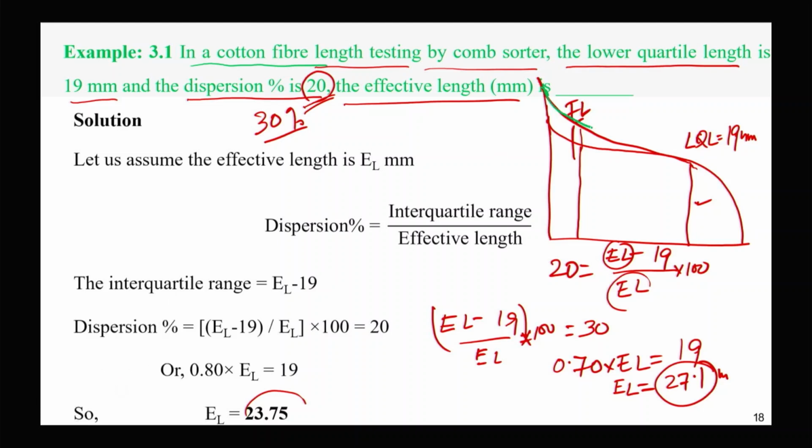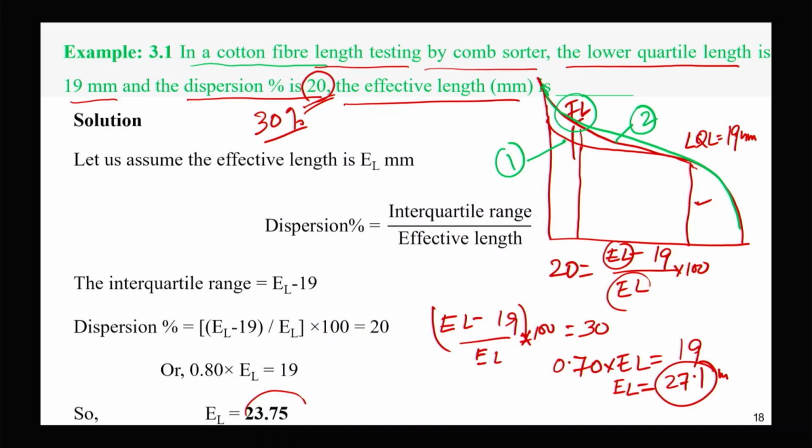This is the 27.1, second, and earlier was that. This is fiber 2 and this was fiber 1, the initial fiber. Now which one do we have to select? Fiber 2, although it is giving the higher effective length, will be more expensive.